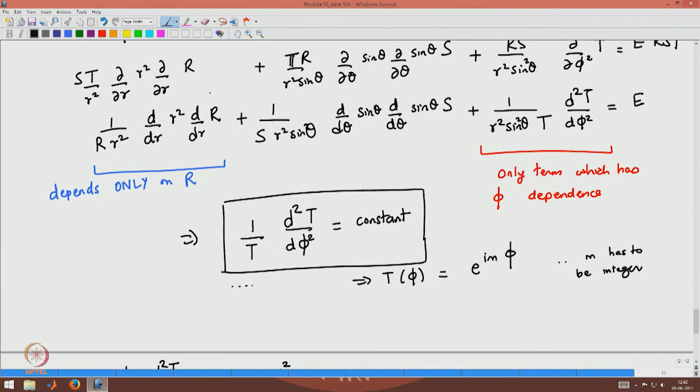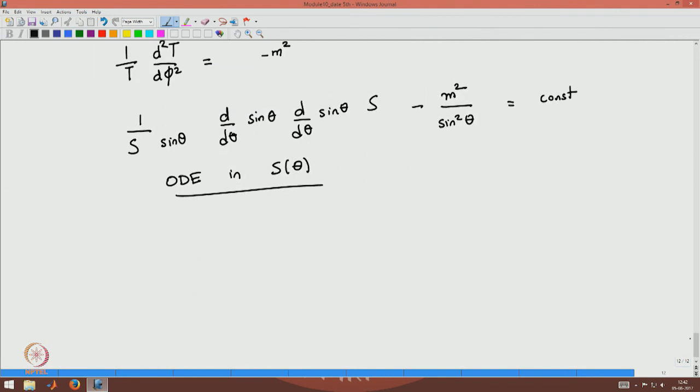And then what you are left with after you put in the ODE for S is a differential equation in R. Now incidentally, I can just tell what this solution looks like, after a lot of work.